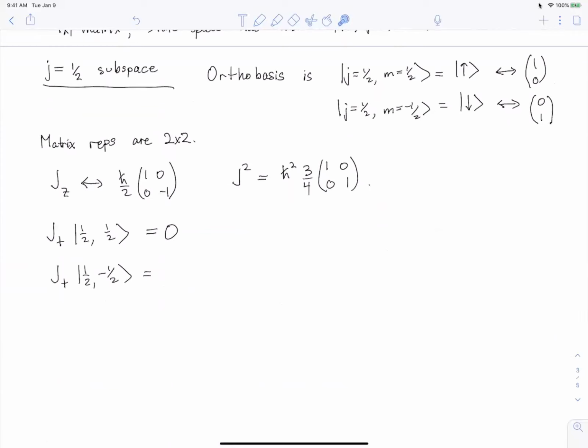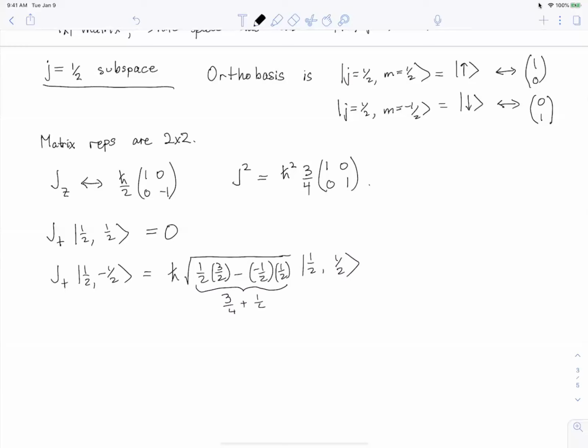Okay, and so I just plug in the numbers. This is h bar square root of 1/2 times 3/2 minus 1/2 times 1/2, acting on 1/2, 1/2, because I raised my m value. And this inside the square root turns out to be 3/4 plus 1/4, which is 1. And so this is just h bar acting on the state 1/2, 1/2.